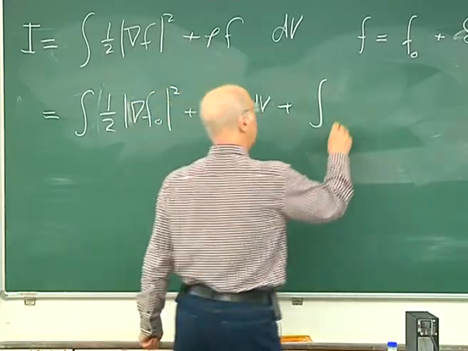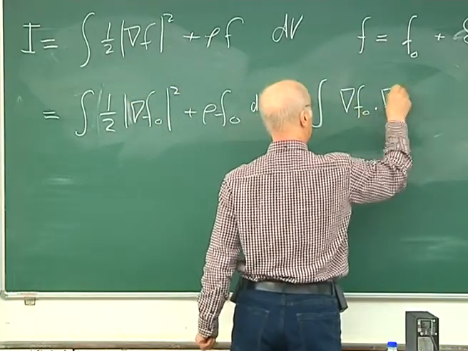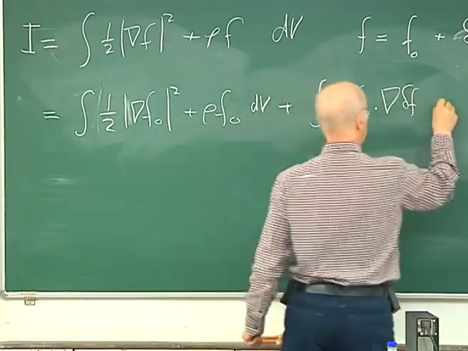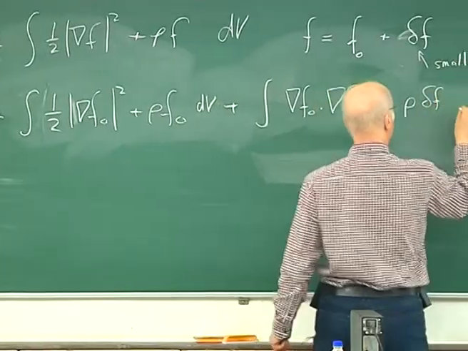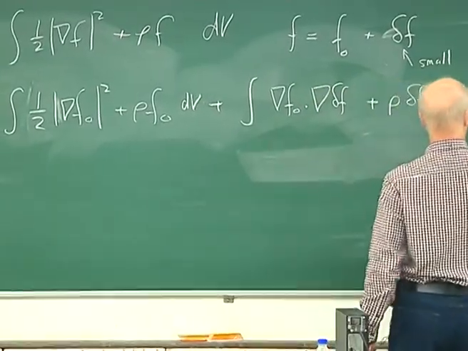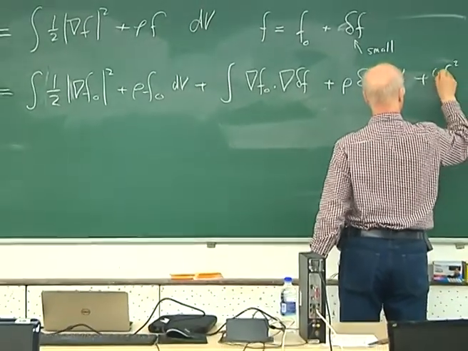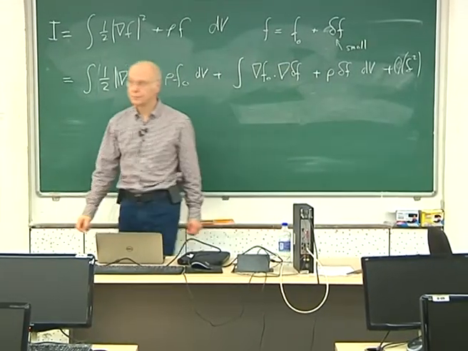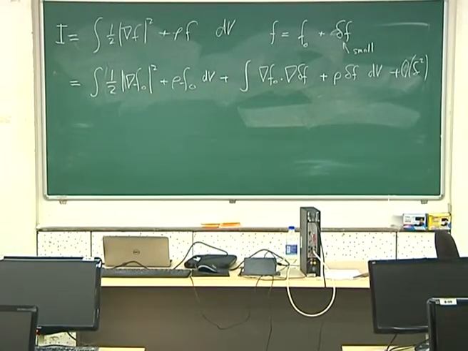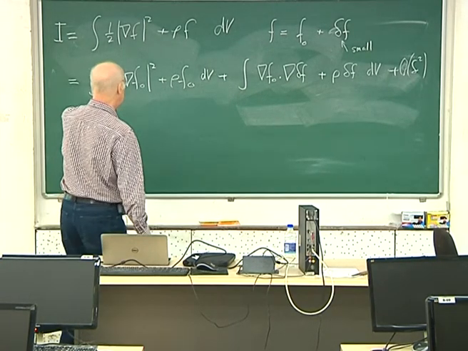And then I have a gradient of f0 times a gradient of delta f plus a rho and delta f dv plus delta squared. And the delta squared is quite easy to write down. Right, so this is the value.